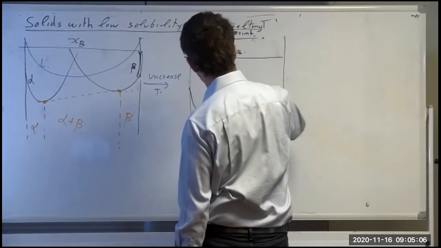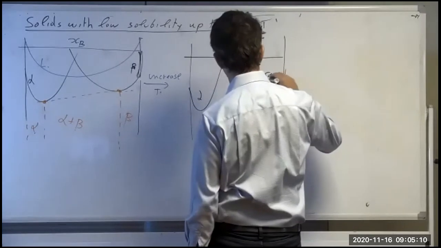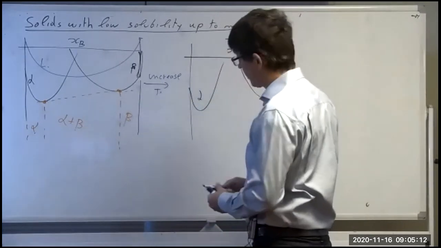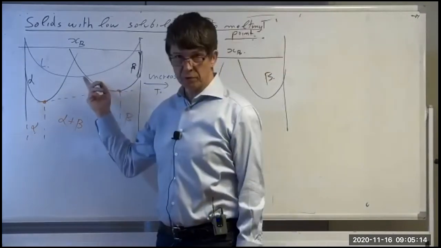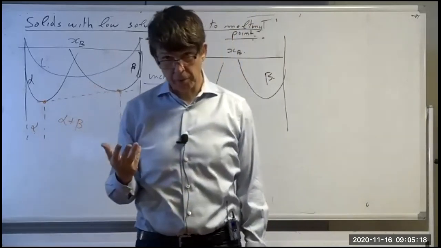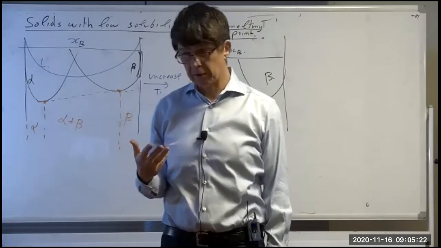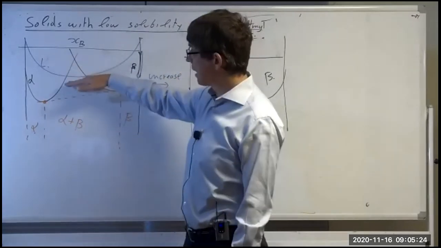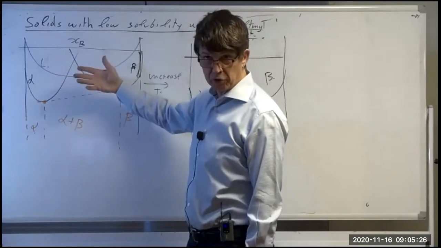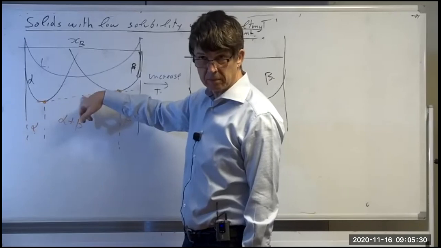So I'm going to keep alpha and beta in the same relative place. But what happens to the liquid? Right, the liquid has the higher entropy because it's the higher temperature phase. So the liquid will move down with respect to the solids. And at some point it moves down and it meets the tangent, right?